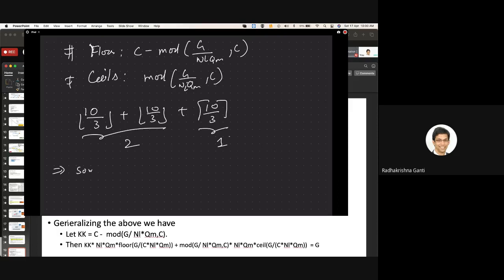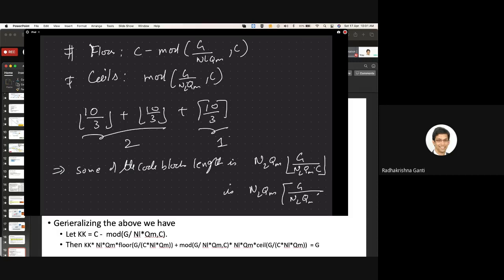Some of the code block lengths are NL into QM into floor of G divided by NL QM into C. The other code block lengths are NL QM into ceiling of G divided by NL QM into C. The total number of these I have given here: this is the number of floors and this is the number of ceilings.